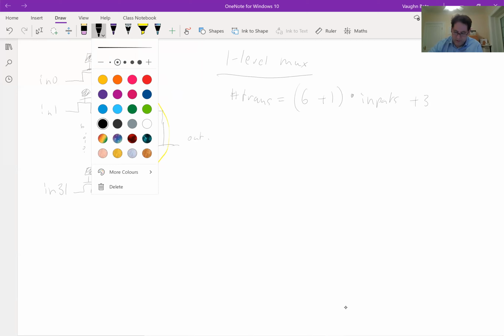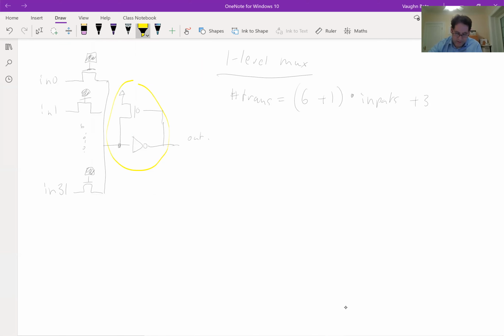Once again, this is going to be a fair amount of capacitance. I've got a bunch of metal here, all these pass gates hooked together, input to this buffer, etc. So I'm going to make my pass gates bigger than minimum again. This one is the pass gate, and I want to make it bigger. When I go for area, I'm going to make all my transistors the minimum size.